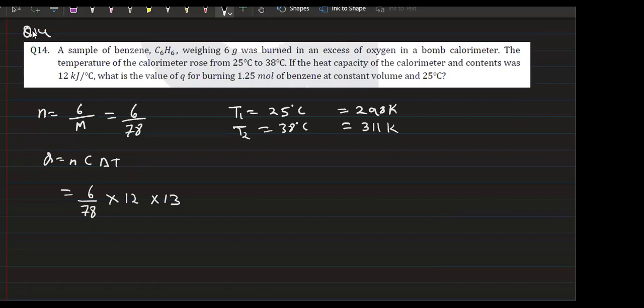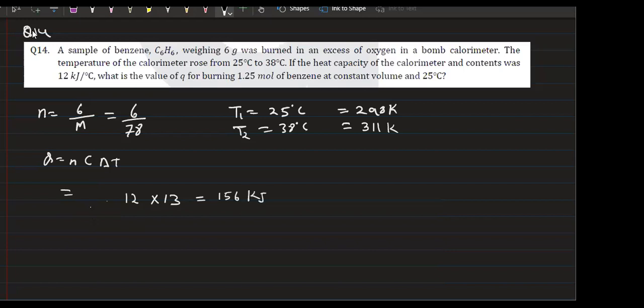Okay sorry, this is heat capacity, not specific heat capacity, my bad. तो 12 जो है वो हीट कैपेसिटी है, स्पेसिफिक हीट कैपेसिटी नहीं है. ठीक है, सो टोटल हीट कितना है? This is total heat. So 12 into 13 is 156, and since it is in kilojoule, it is kilojoule, right?